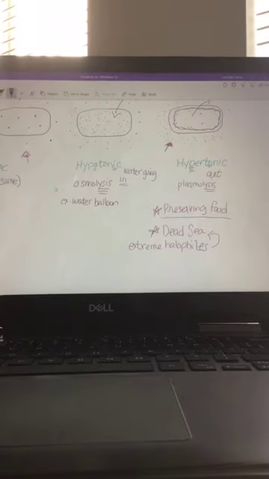And I think that's all. An example for hypotonic. Hold on, one more. Another example for hypotonic, we have distilled water, where the minerals, the salts, are taken out of the water.